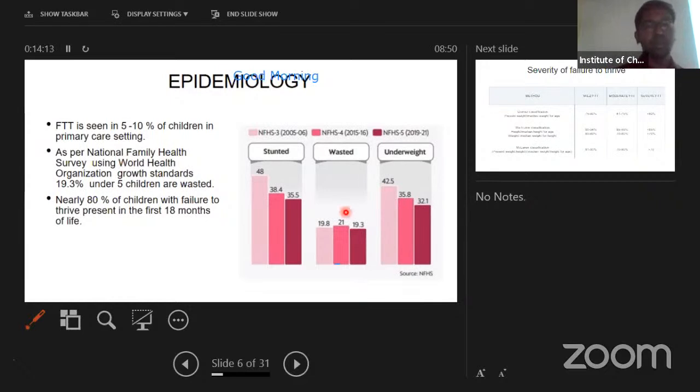And this chart shows that around 35.5% of children under 5 are stunted. Around 1 out of 3 children is stunted in India.